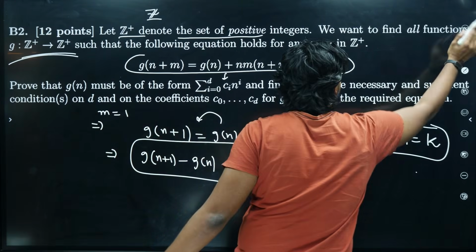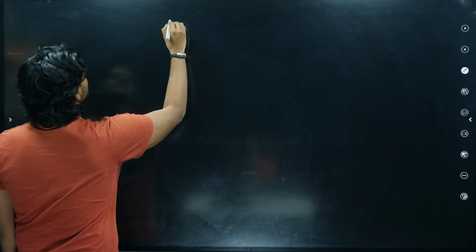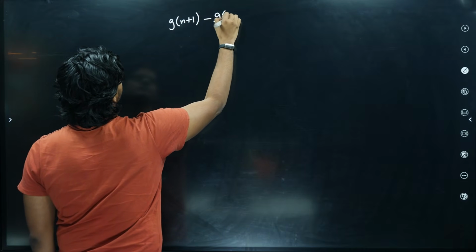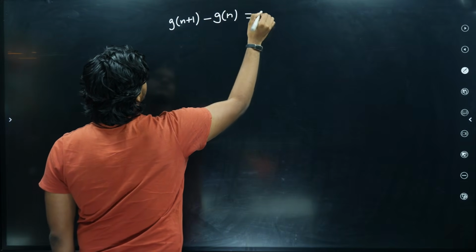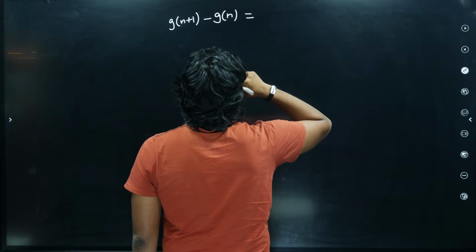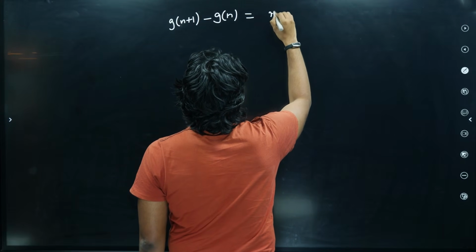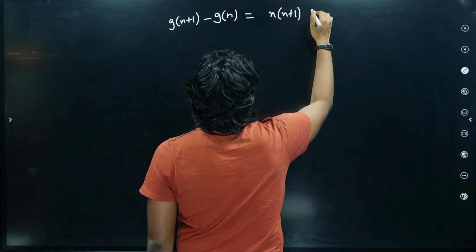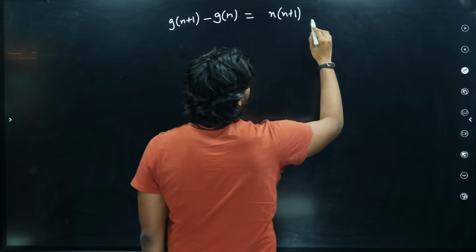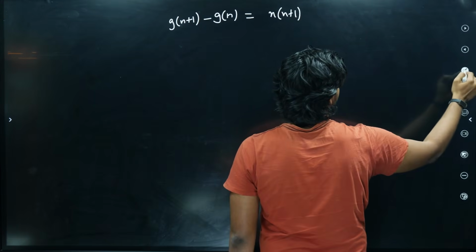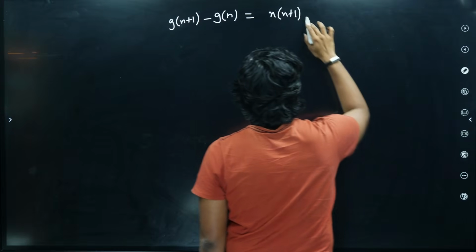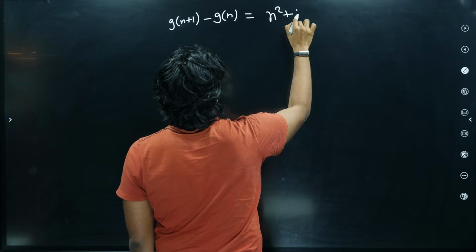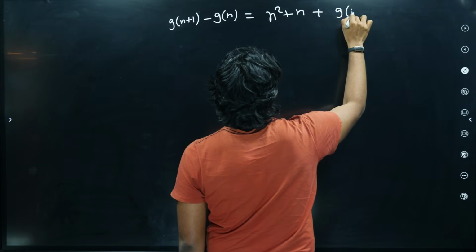This is basically telescopic. We have g of n plus 1 minus g of n is n into n plus 1, or rather I would like to write it differently: n into n plus 1 is n square plus n, so I'll write it as n square plus n plus g of 1.